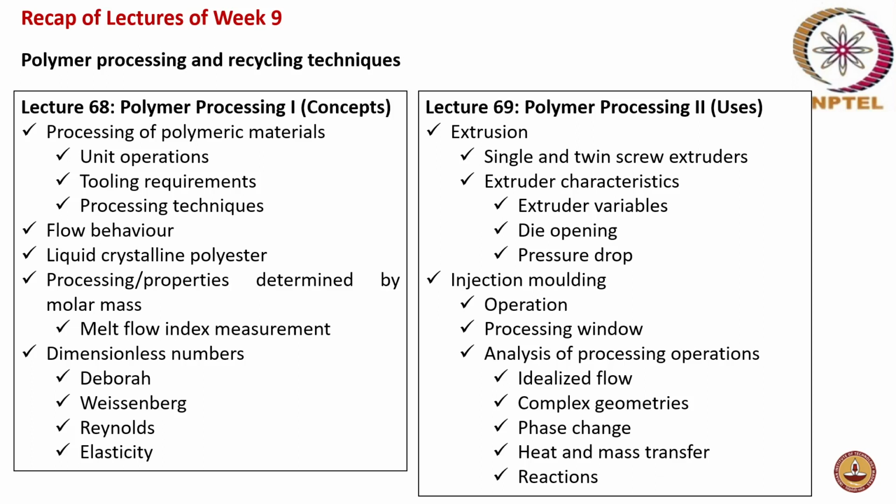So what is the idealized flow, and then what are the complex geometries involved? And then phase change, heat transfer and mass transfer that is happening, and reaction. These are some of the aspects you consider when you have to analyze a polymer processing operation. These aspects were all discussed in lecture 69, that is polymer processing 2.